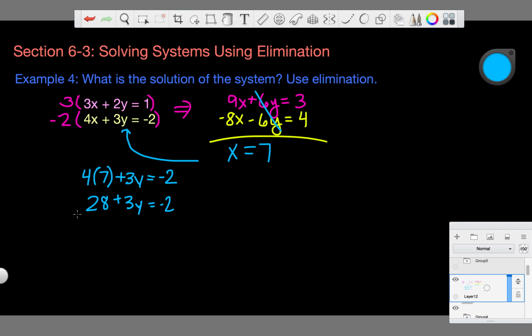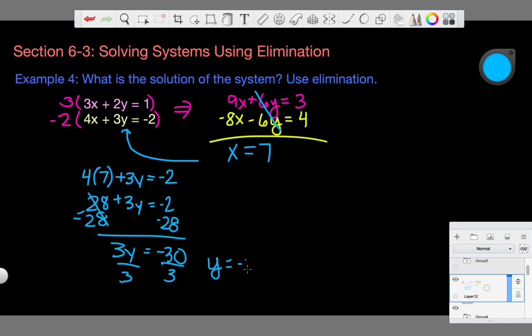If I subtract 28 from both sides, we're going to end up with 3y equals negative 30. Divide by 3, y equals negative 10. Therefore, my solution is 7, negative 10. My x value was 7, my y value negative 10.